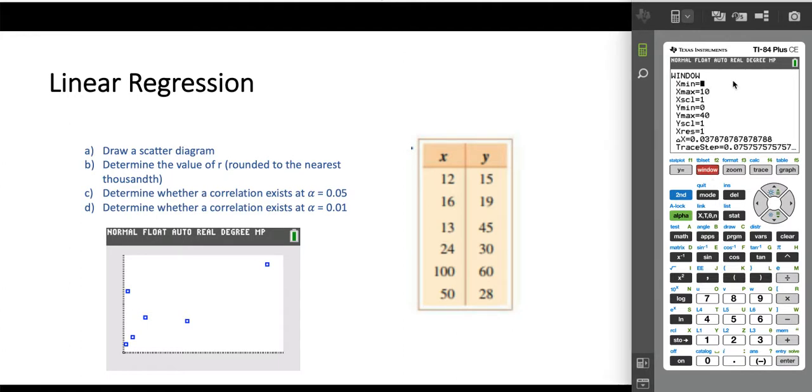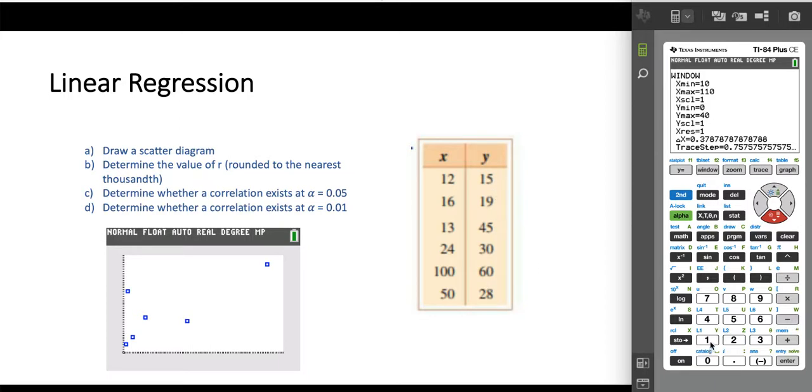So remember we had the window set from 0 to 10, but this data doesn't go from 0 to 10. This data, the X values, start at 13 and end at 100. So I'm going to start at 10 and go to at least 100. I'll go to 110. There's no right answer here, except that you want to make sure each of these values is represented. The Y values, the smallest is 15, the biggest is 60.